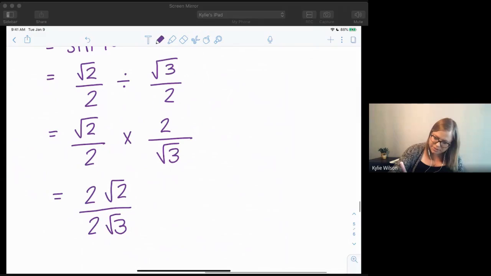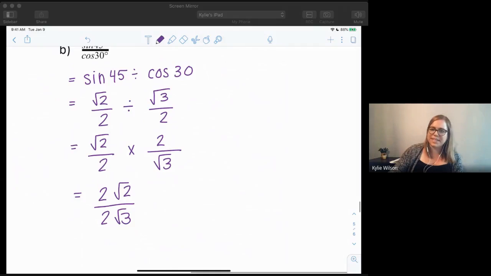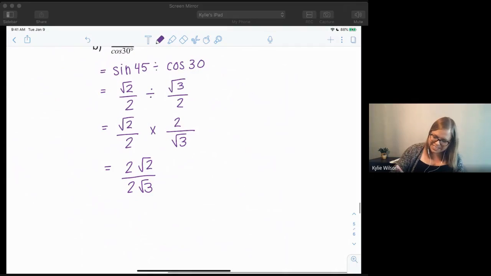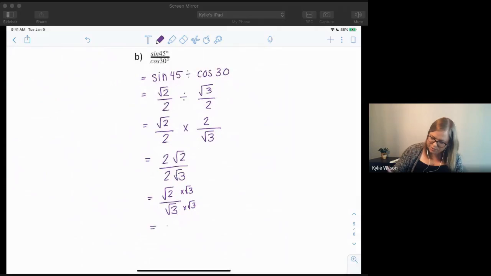Oops, oh no, I didn't. Thought I made a mistake. All is good. So now we'll have root 2 over root 3, but we can't have a radical on the bottom, so we have to get rid of it. So we'll times root 3 times root 3, and that will give us root 6 over 3.